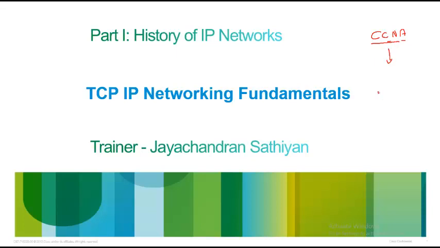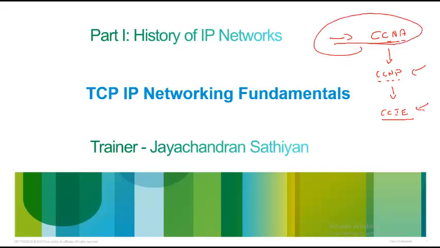After which we have CCNP, Cisco Certified Network Professional, followed by CCIE, Cisco Certified Internet Expert. We got these three levels. Right now we are in this level. This is the most important level. And when we don't learn this properly, the rest is going to be very difficult.